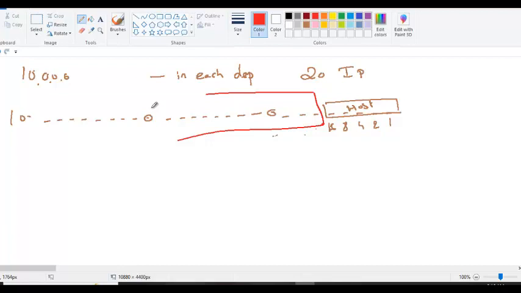So how many bits have we now given for networking, for subnetting? Earlier there was only 8-bit. Now how many additional bits have we given for networking? 8 plus 3, how much?